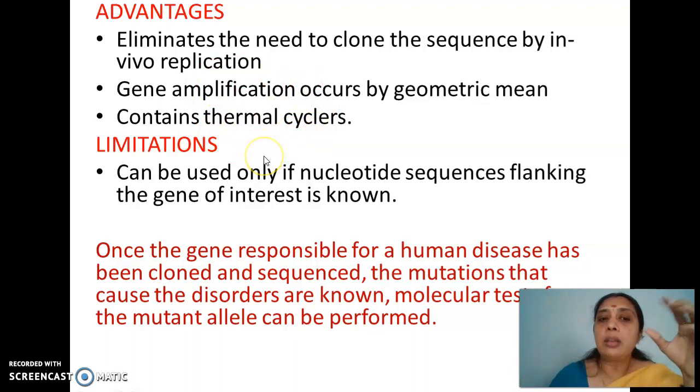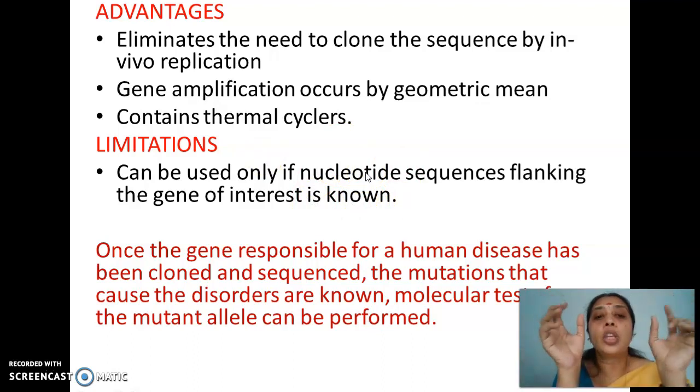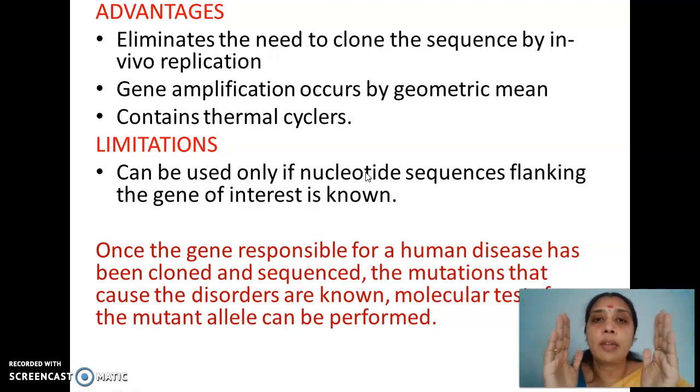But the main disadvantage is that the nucleotide sequences flanking the gene of interest must be known. What do we mean by flanking sequences? Suppose the gene coding for human insulin has 50 base pairs.